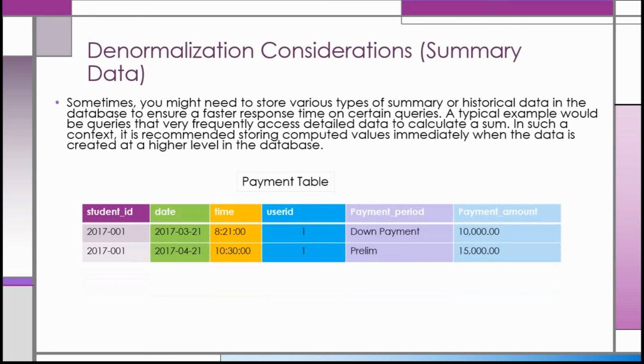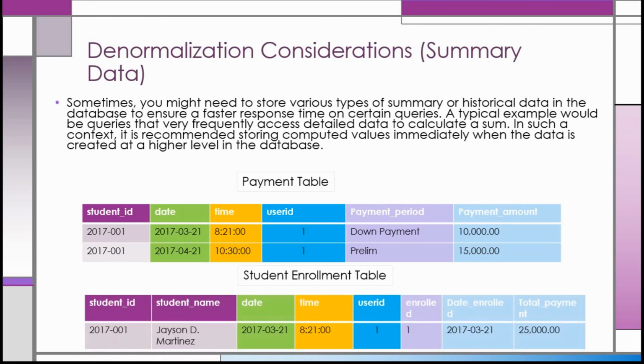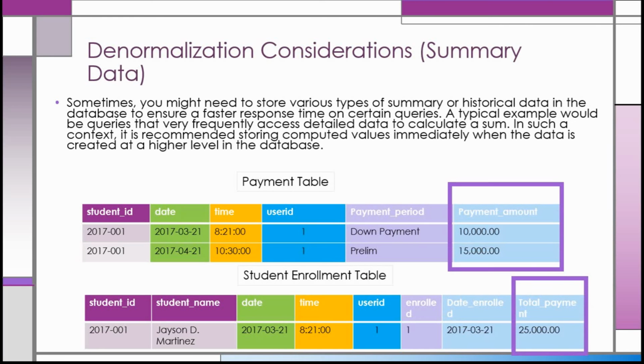So let's take this exact example, the payment table, where we have the payment amount. The summary is the total payment amount, which is presented in the student enrollment table, that came from the sum of the payment amount.